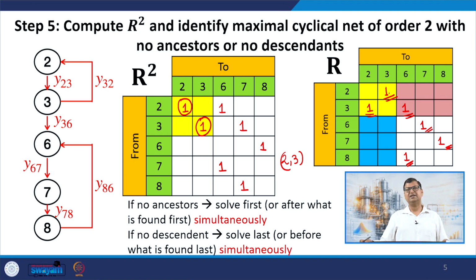How do we locate the ancestors or descendants? As we have done, ancestors are along the column and descendants are along the rows. So, for 2, 3, the blue cells here identify the ancestors of 2, 3 and there are none. So, 2, 3 does not have any ancestor apart from 2, 3 itself in the graph. So, therefore, these 2, 3 balances should be solved first, or after whatever is found first.